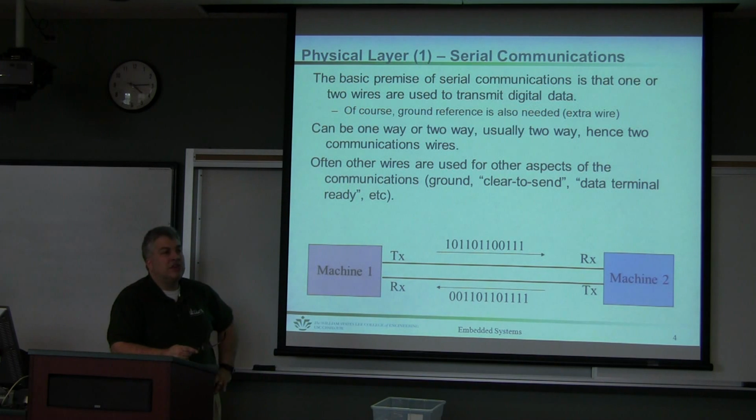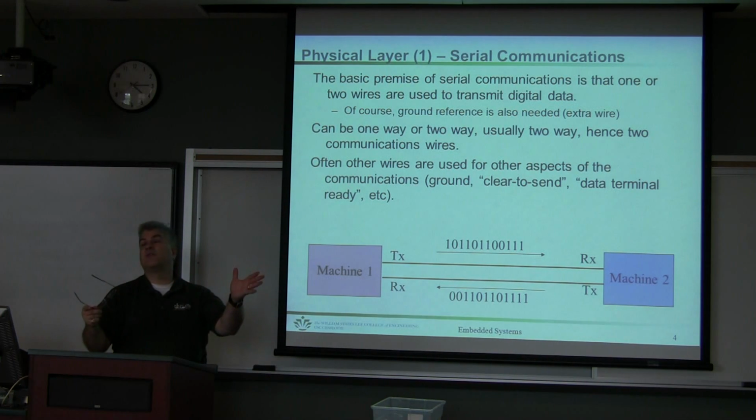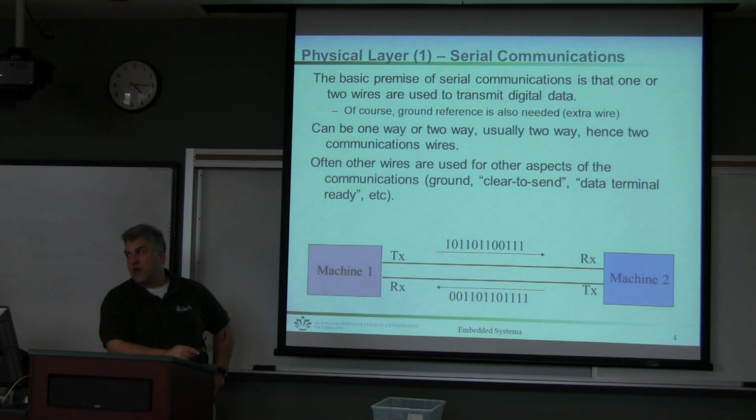Sometimes you need additional information between the 2 devices. There are some protocols available, specifically RS-232, that use things like a clear to send wire and a data terminal ready wire, and just additional wires that say, okay, I'm about to send information, here it comes. It allows you to actually synchronize some of the data.